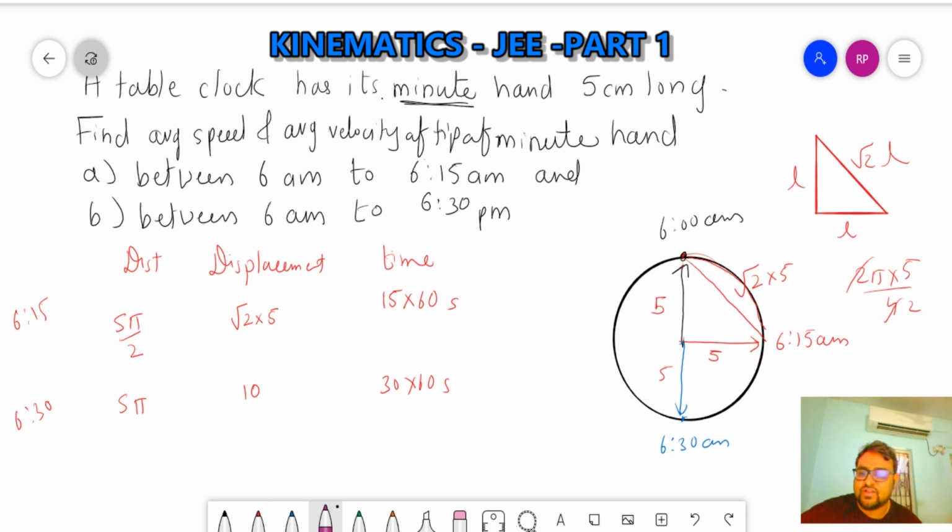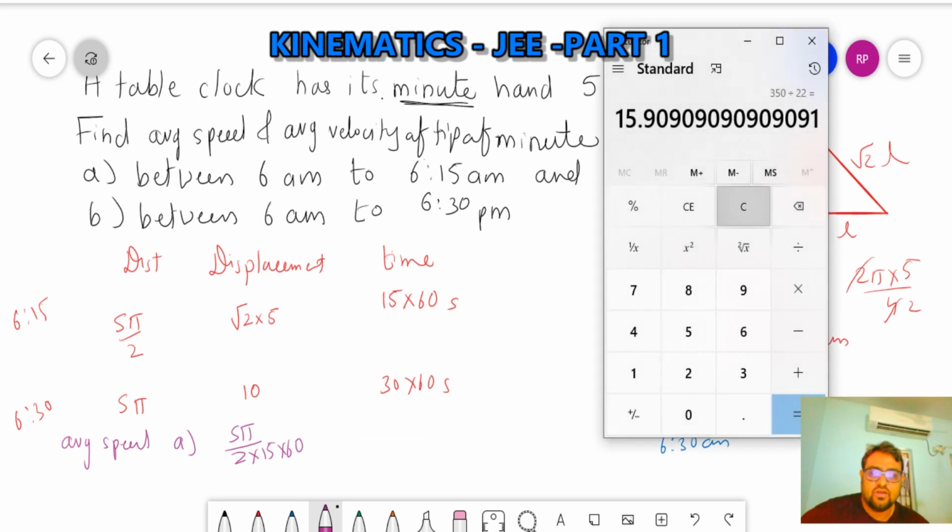First we will find out average speed. In case A, what is average speed? Distance upon time. 5 pi by 2 into, what is the time? 15 into 60. Okay, so let me take out the calculator. So 5 pi means 3.14, divided by 2, divided by 15, divided by 60.